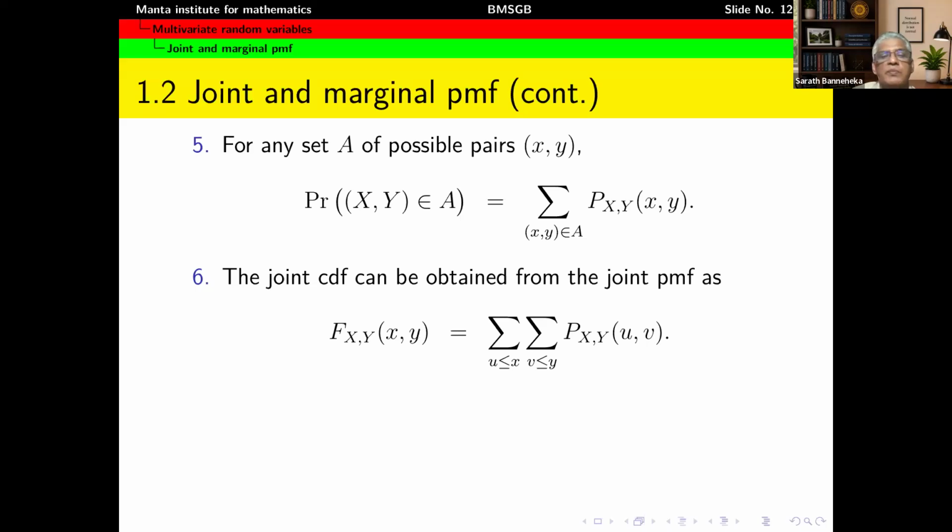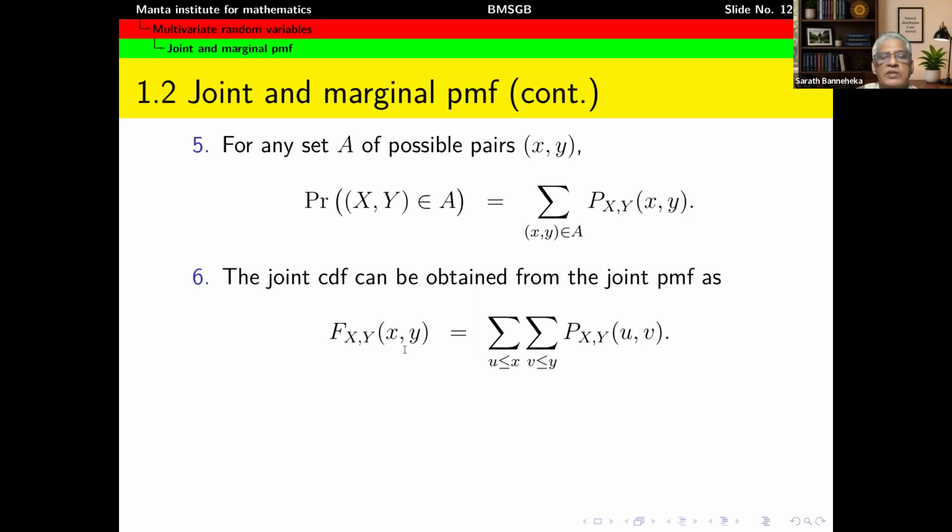So in this case, again, we are looking at a particular set A. That set A satisfies these two conditions: all the x values less than or equal to simple x and all the y values less than or equal to simple y. So you have to add that over that set A.